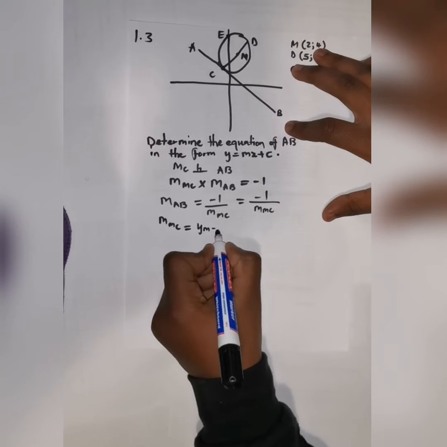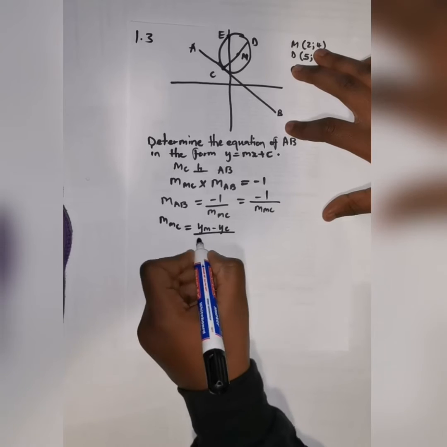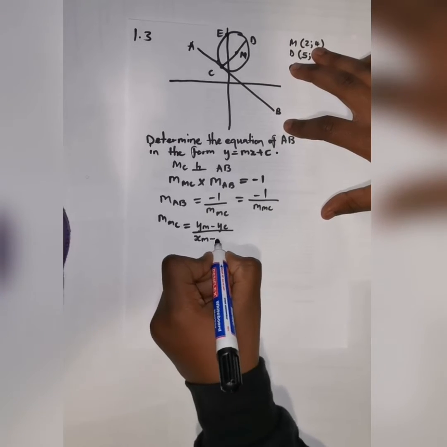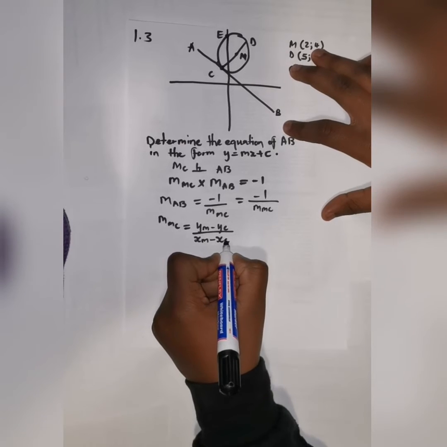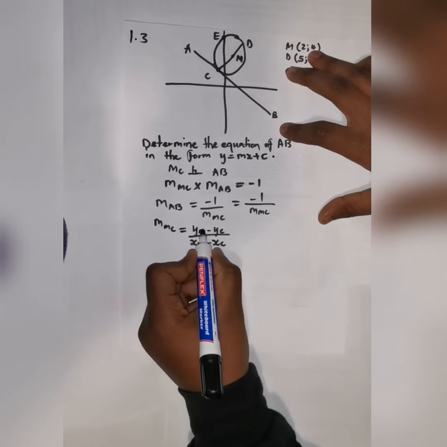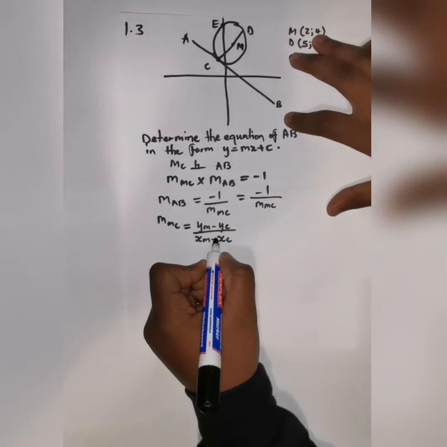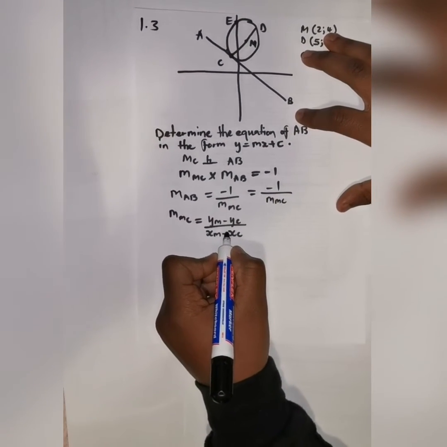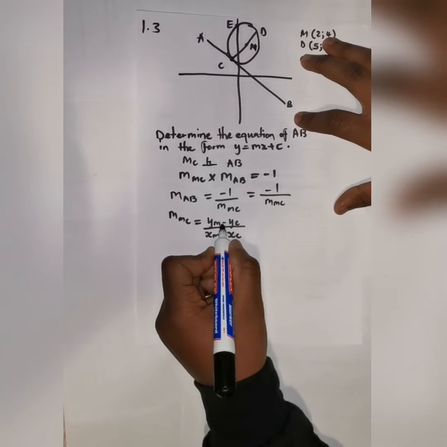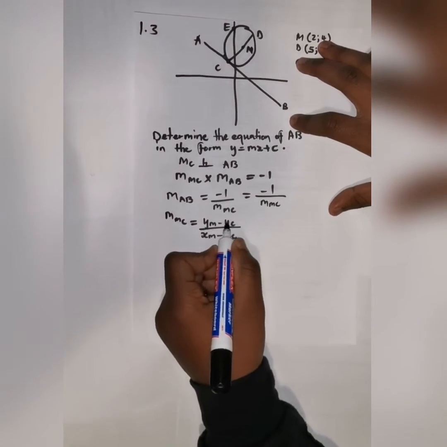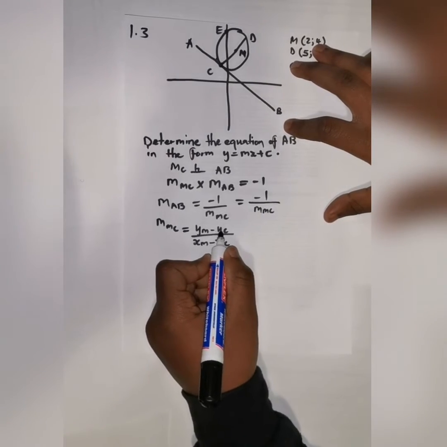The gradient is (yM - yC) over (xM - xC). I encourage the use of these variables instead of y1 minus y2, because in this case you'll always know exactly which coordinates or points you are referring to.